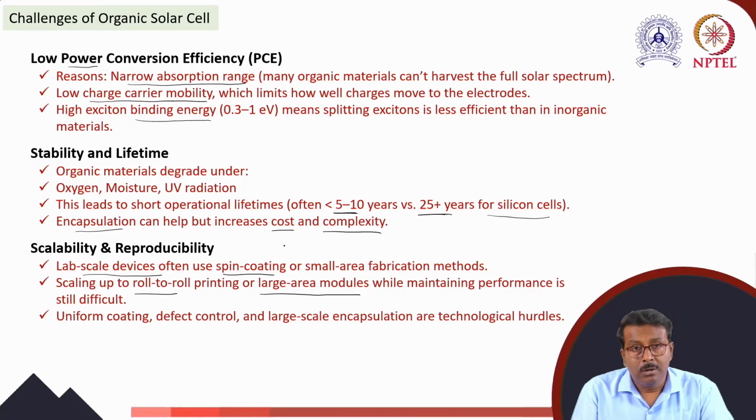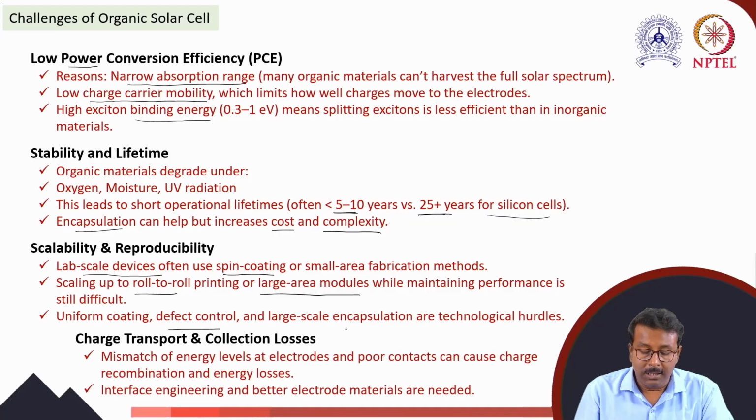Uniform coating is also a bit difficult. Controlling the defects is also important. And large scale encapsulation, which is the solution for protecting the materials from being affected by the environmental elements, is also costly in case of solar cells. Charge transport and collection losses, mismatch of energy levels and electrodes: you have to choose the materials very precisely and optimally so that the interface works properly.